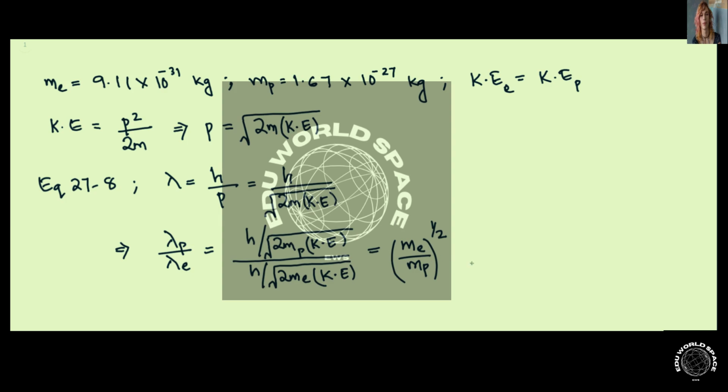So this value is then less than 1. Or we can say that lambda p over lambda e is less than 1, or lambda p is less than lambda e, which means that the proton has a shorter wavelength than the electron.